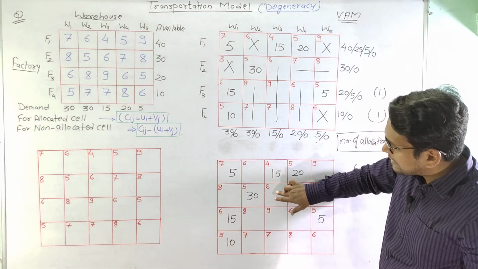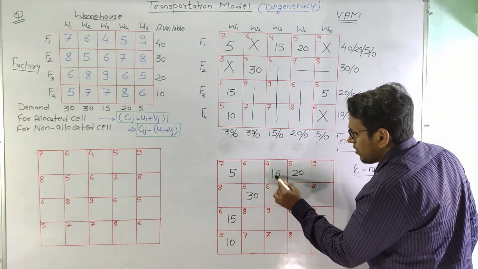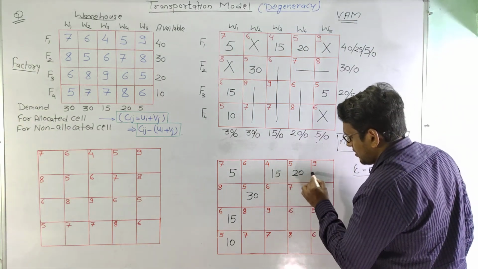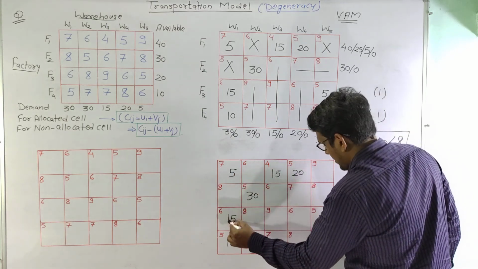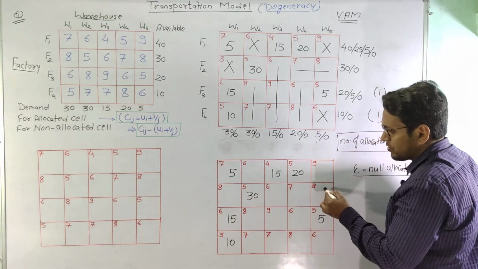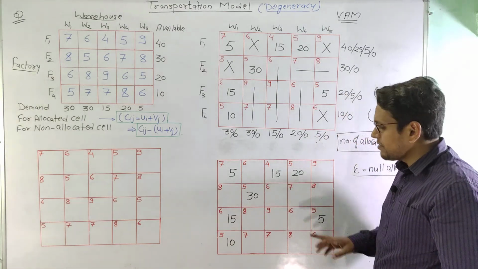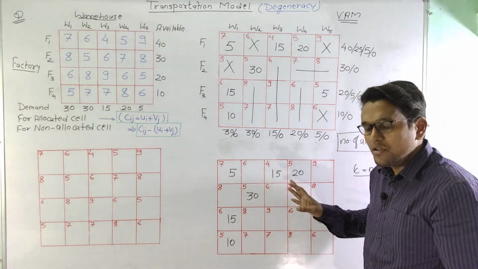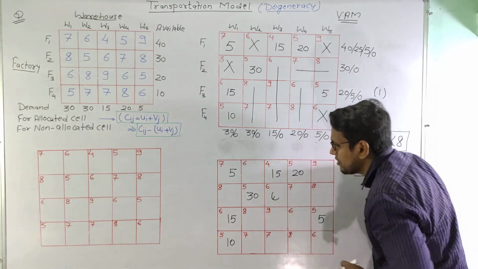But if I allocate here, I can see that on moving upward, here it cannot move downward, and here it can move downward, but it is not coming back to the same point. That means it is not forming a loop. That means I can allocate epsilon in this particular cell.